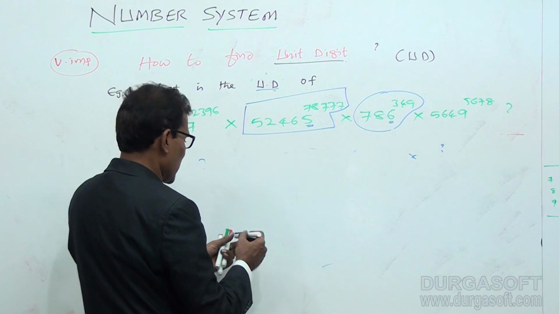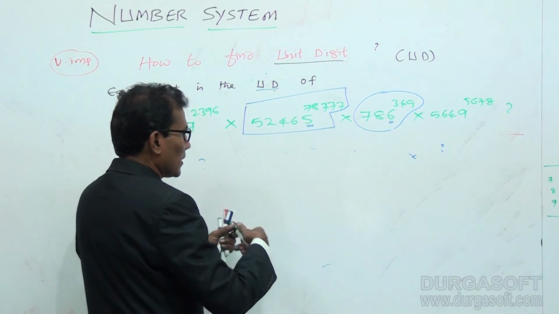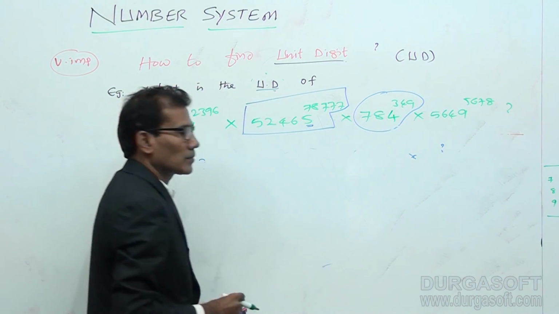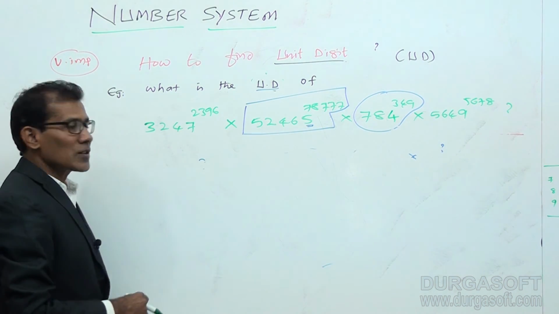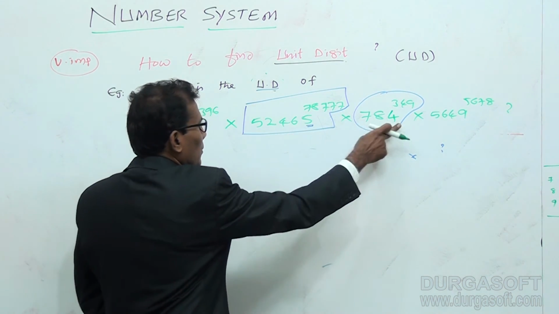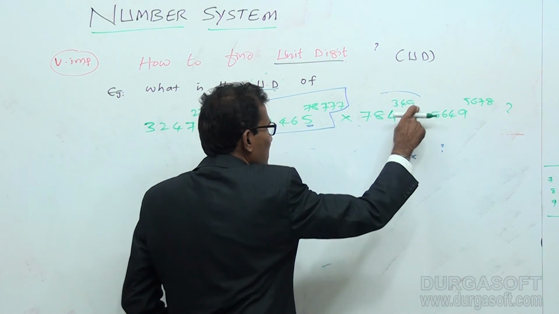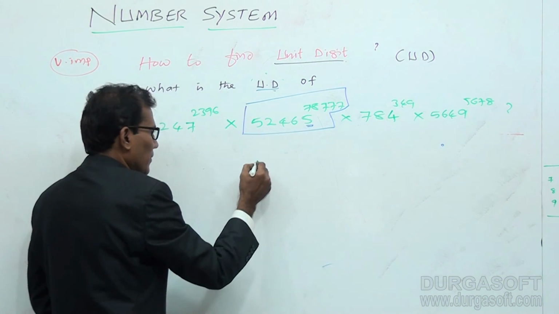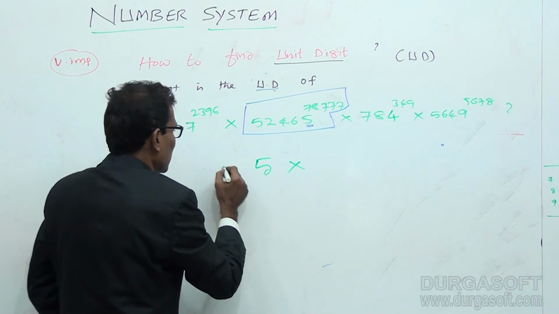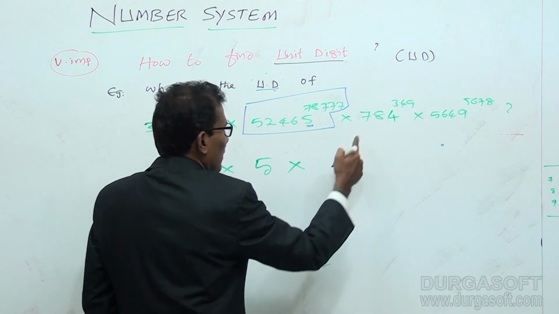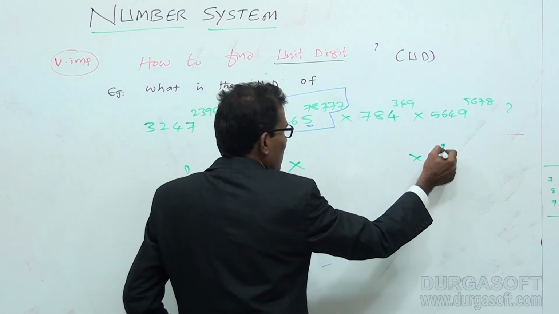Just I am going to change the number over here. This is 4. Now what is going to be the unit digit for this complete question? This is very clear. We know 5 is the unit digit, since the unit digit of the base of this power format is 5. And this unit digit I don't know, and here I don't know, here I don't know.